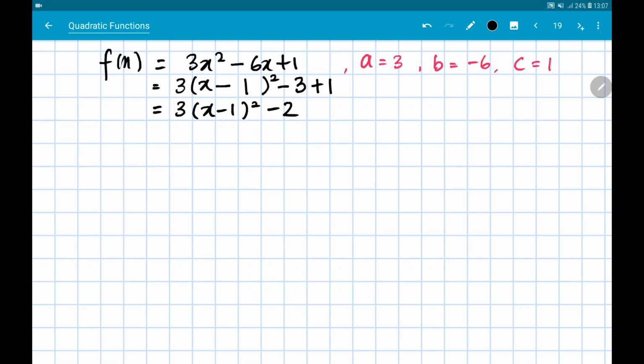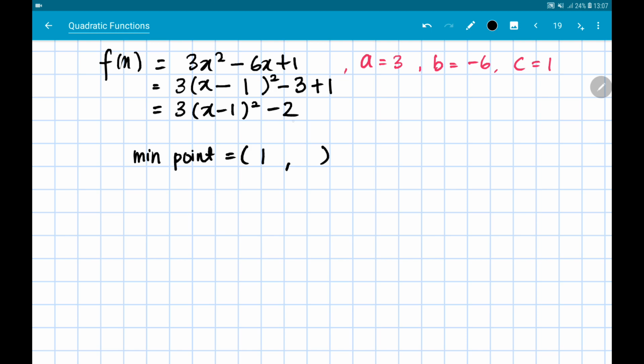What we can know about completing the square is that since the a number is a positive 3, that means we have a minimum point. Since I write the word point, it means it has to be a coordinate, so a coordinate has to be written in this form. Now x minus 1 tells us that the x number is a positive 1.